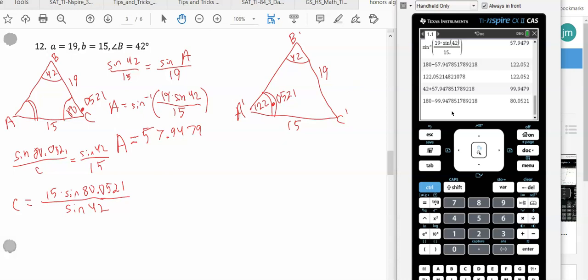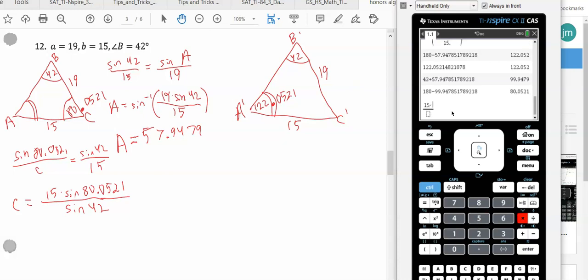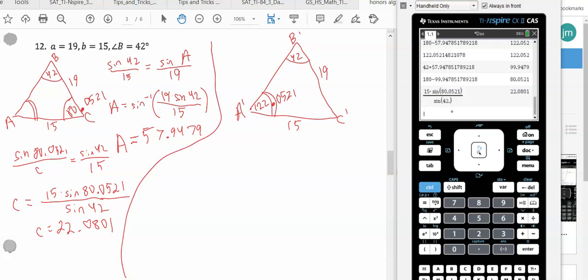So we get 15 times sine of 80.0521 divided by sine of 42. So we get little c is 22.0801. Okay, so we've solved the first triangle. Now it's just a matter of solving that second triangle here.